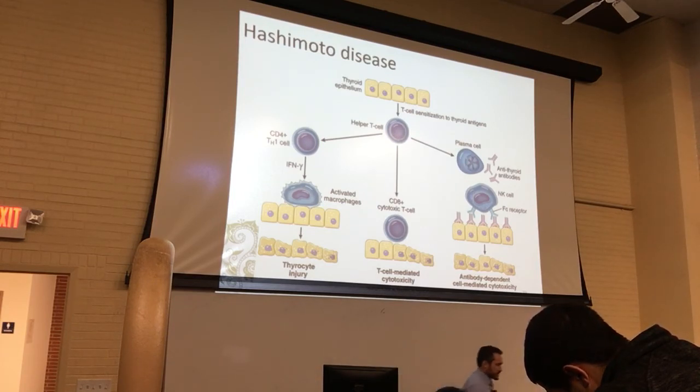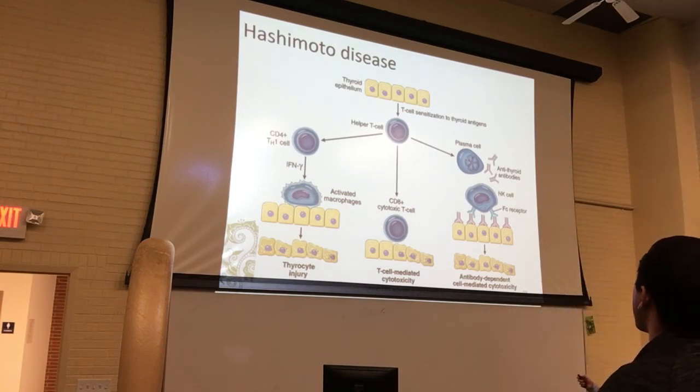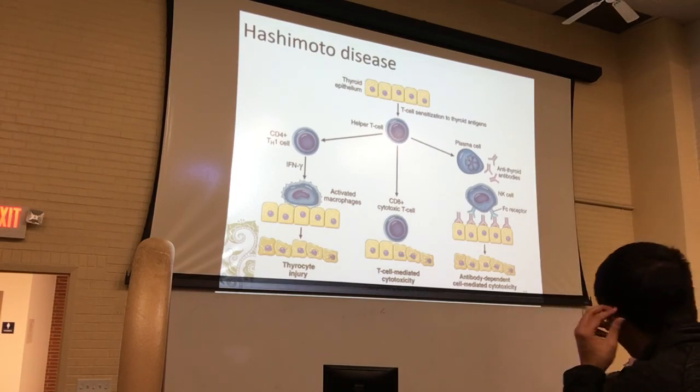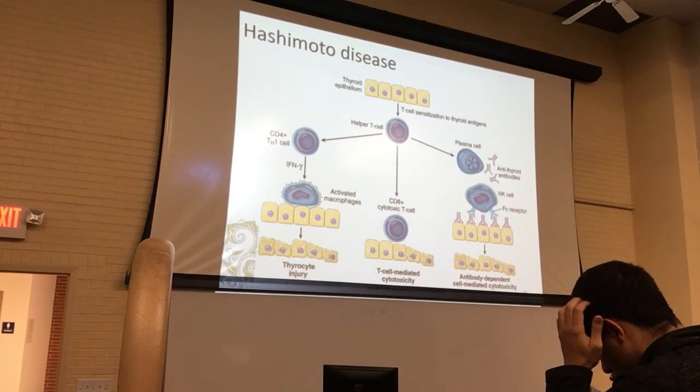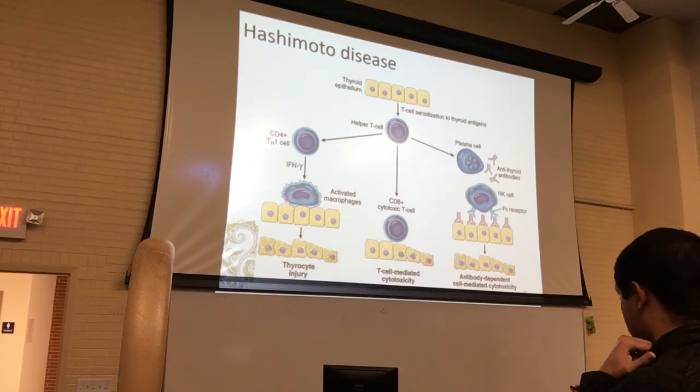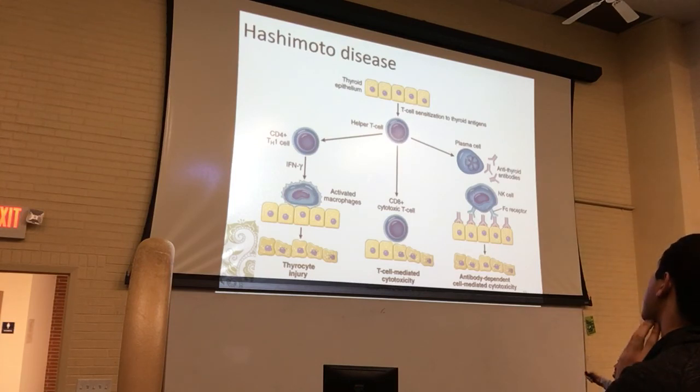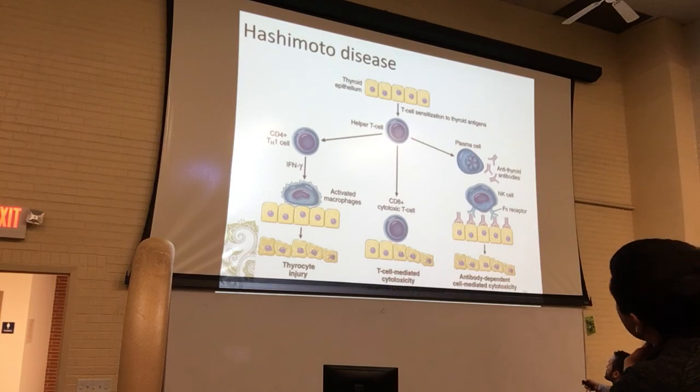Hashimoto's disease, though, is a type 4 hypersensitivity because of the involvement of the T cells, right? Here's our thyroid epithelium, so you have T cell sensitivity to thyroid antigens, and you start activating macrophages to cause injury, CD8 cytotoxic T cells to stimulate T cell mediated cytotoxicity, as well as stimulating antibodies to be produced.